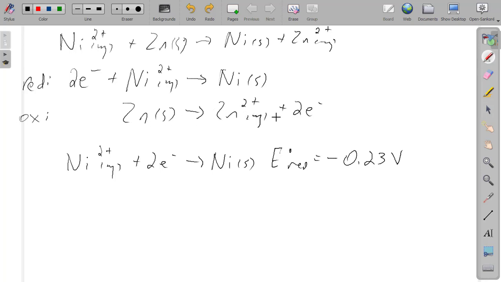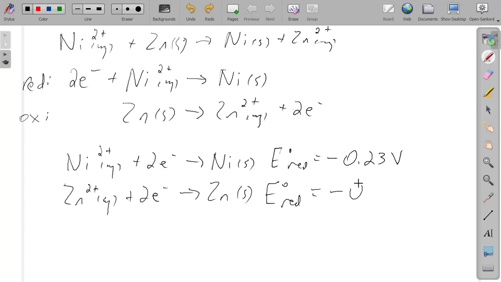If you write it in one direction, it's oxidation, but if you write it in the opposite way, it's reduction. And since the tables are all reduction values, I'm going to turn this equation around so that I have Zn2+ aqueous plus 2 electrons is going to give me Zn solid, because that's the way I need to read the reduction potential from the table. And when you do, you will see this has negative 0.763 volts for it.